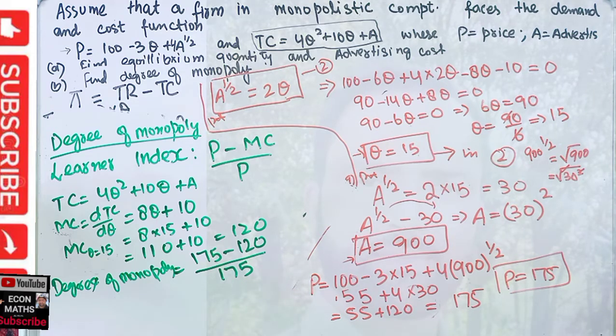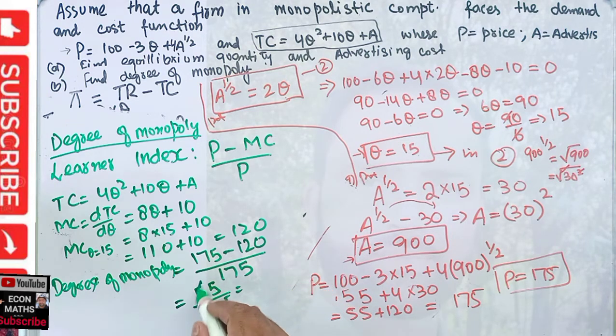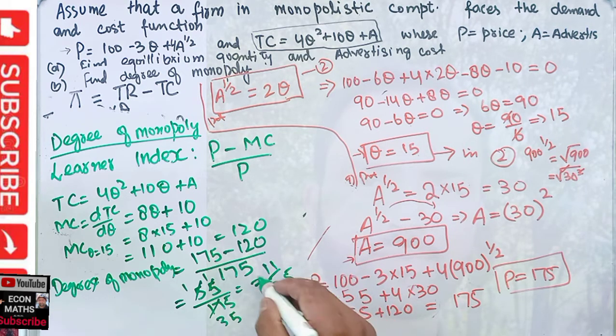Now when we try to solve this, 175 minus 120 is equal to 55, divided by 175. If we can further simplify, we got here 11 divided by 35, and we can find it from the calculator.